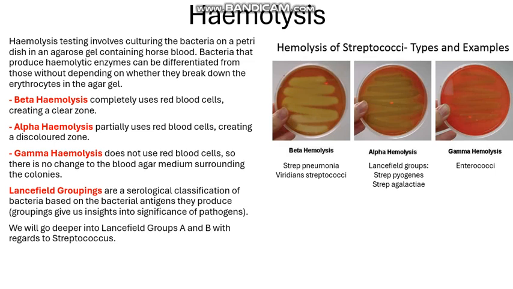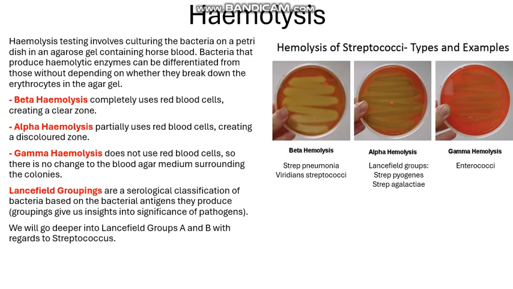An alpha hemolysis is where these red blood cells have partially been broken down, creating a discolored zone shown in the middle. And then we have a gamma hemolysis where the red blood cells are not broken down, so there is no change in the blood agar medium surrounding the colonies. So that's it for hemolysis.